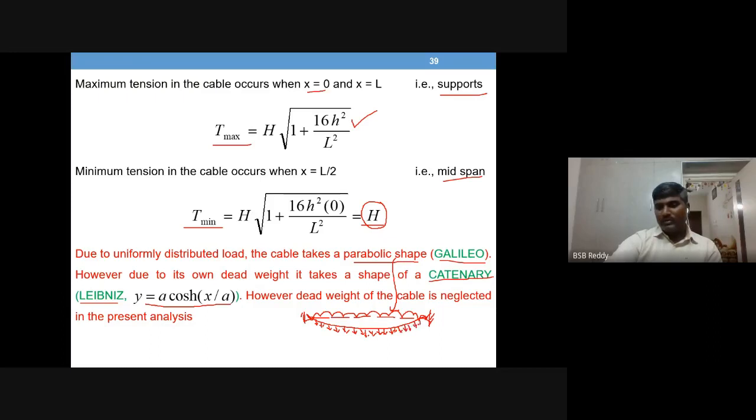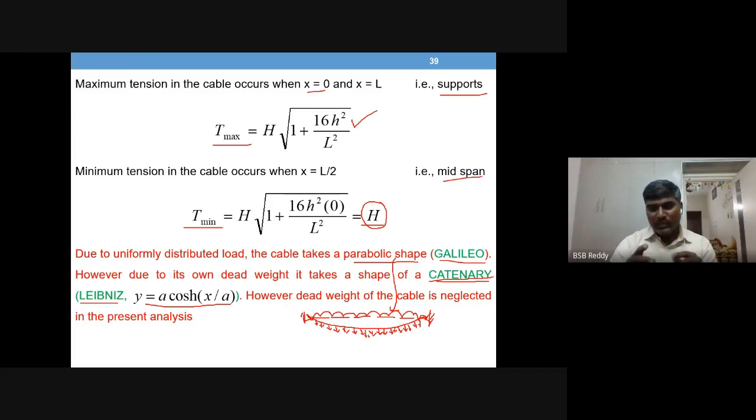Got it? Then what is it? It is called a catenary. And what is the equation for it? y is equal to a times cosh x by a. Okay, so there is a clear difference between these two. Both are looking like UDLs.